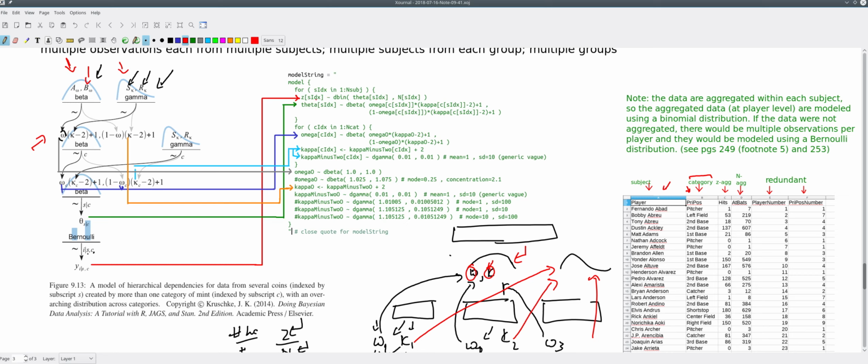And also theta of a particular subject is modeled as a beta function. That is, we have modeled this based on theta. We are modeling theta as determined by a beta function with two parameters, omega at the category level and kappa also at the category level.